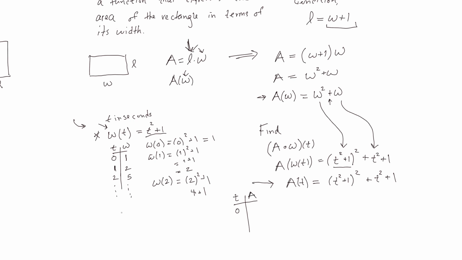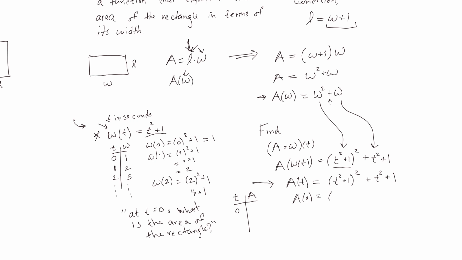Let's put that question right here. At t equals 0 seconds, what is the area of the rectangle? We can use this function to answer such questions. Let's find what is A of 0.